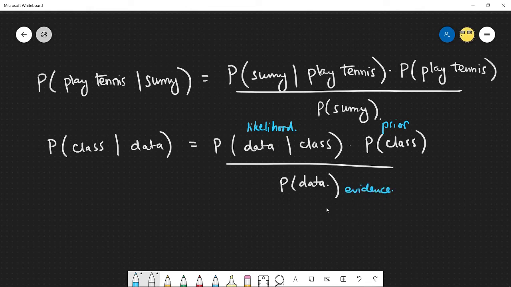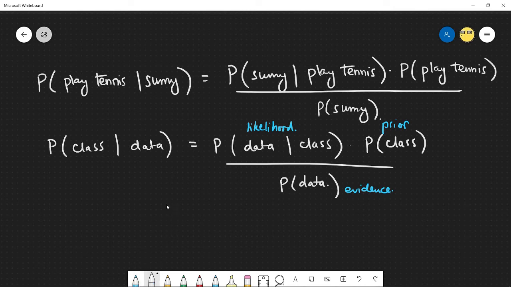And again, the evidence, based on your training data, is never going to change. So if I was trying to predict if I'm going to play tennis or not, the probability of the data, or the probability of it being sunny, is not going to change based on what I'm picking.